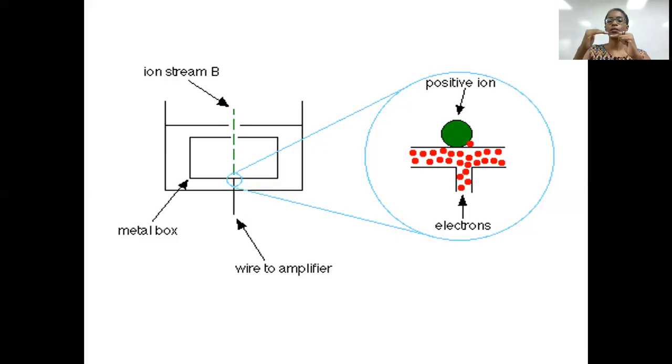And what does the movement of those electrons produce? The hopping of those electrons will produce the current. So the more ions that hit the detector, the more current that is produced, and the larger the relative abundance peak that we get.